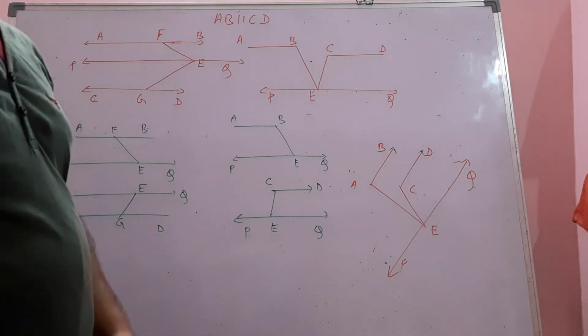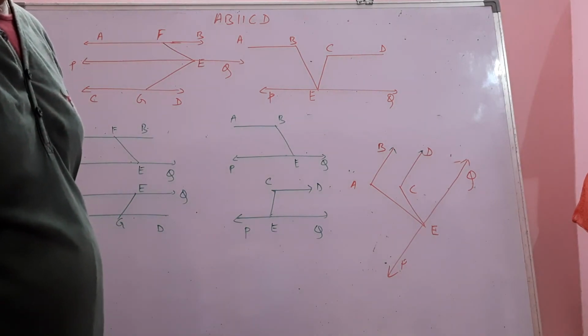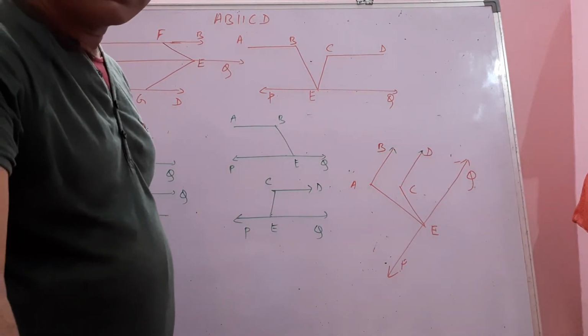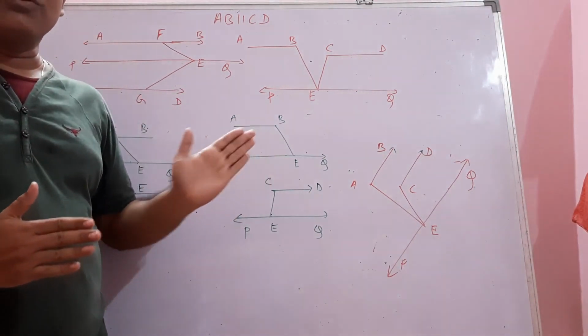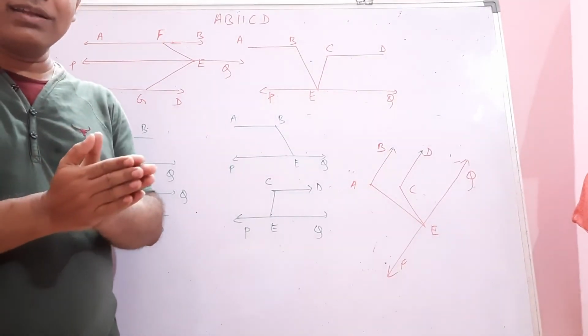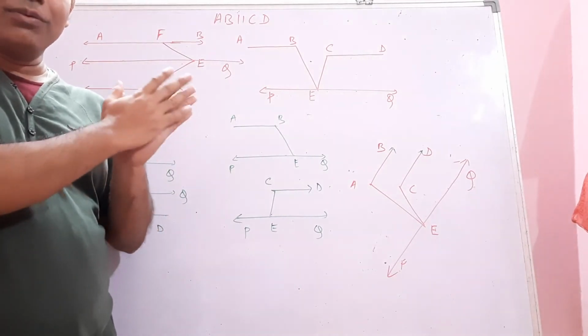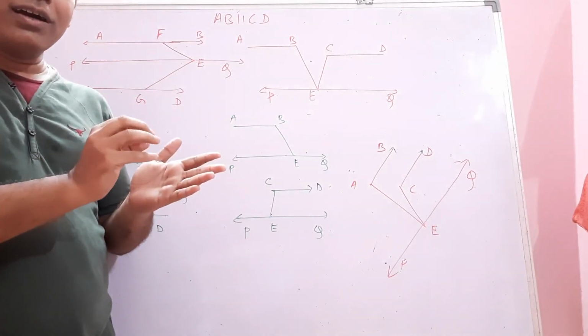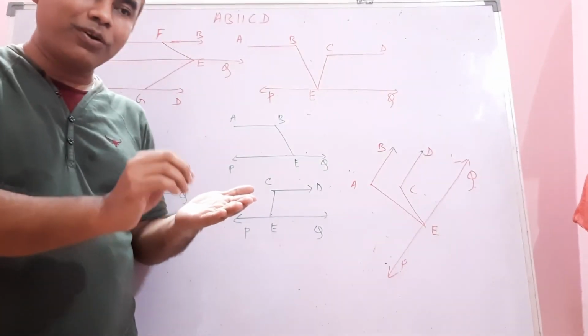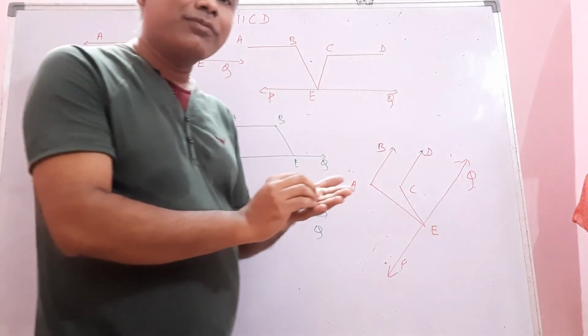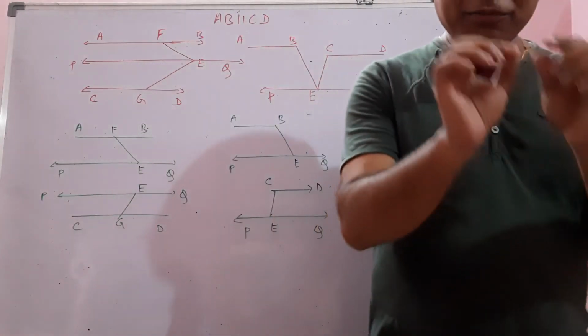So if you know this type of thing, then the second exercise of chapter 6, Lines and Angles, will be easy. When your teacher explains the sum, if you already know this, you can remember it. Practice by drawing figures.